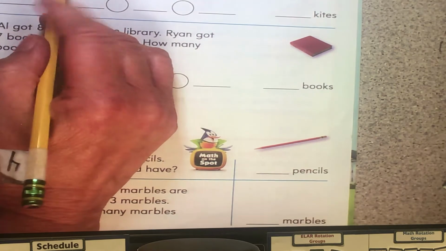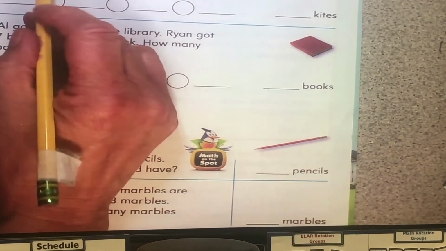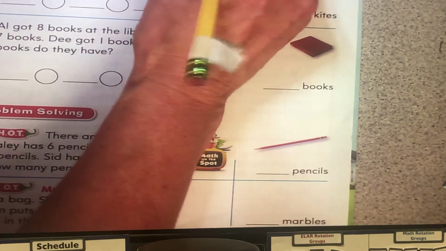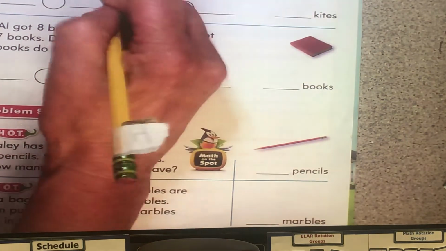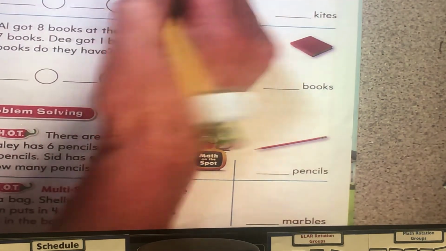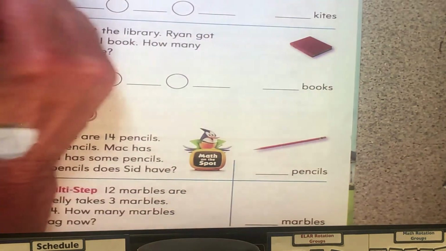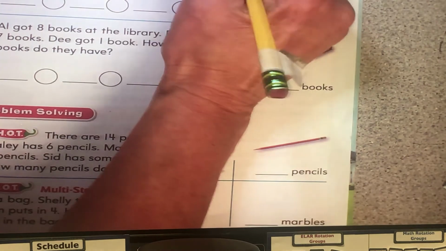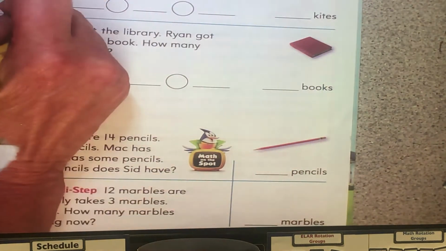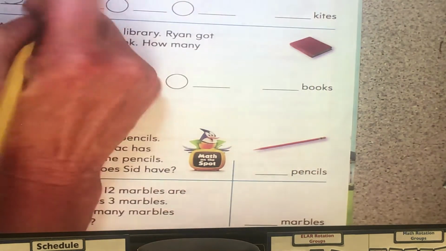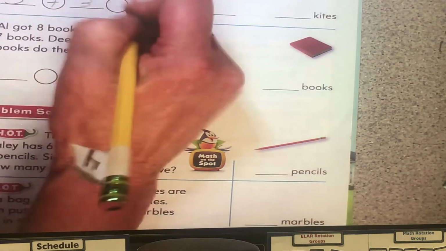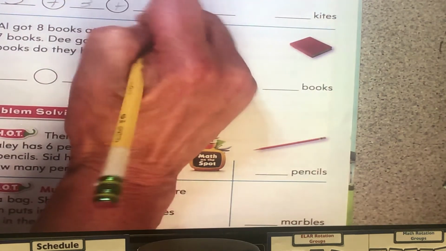Well, you're going to ask yourself, what information have I been given? Ava has what? 3. Lexi has 3. And Fred has 5. So I'll have 3 plus 3 more plus 5 equals.